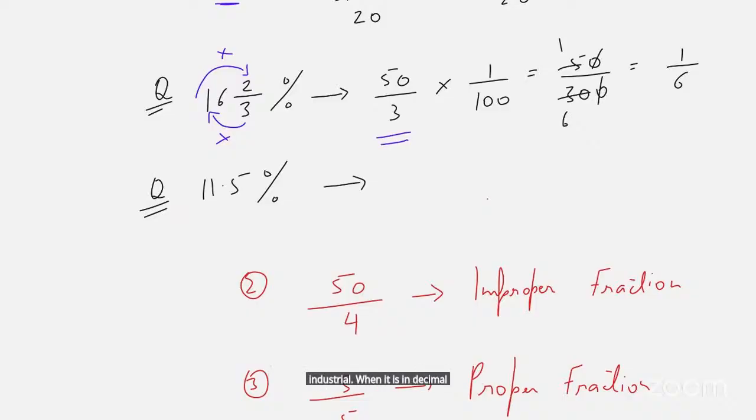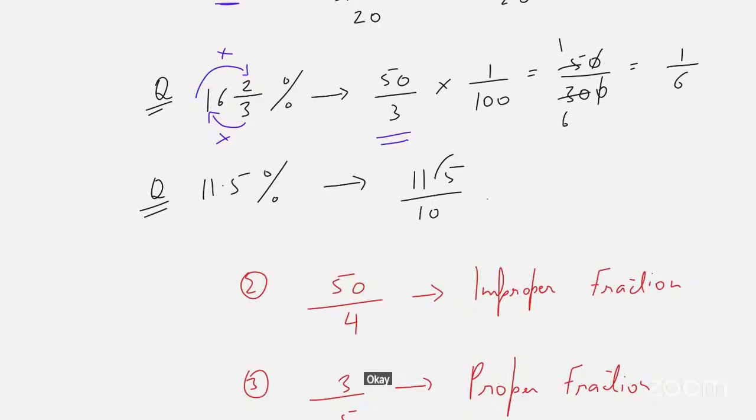You can just do 11.5 into 1 upon 100. Something that we do is removal of the point. When you remove this point, it becomes 115 upon 10. That's what it will become.